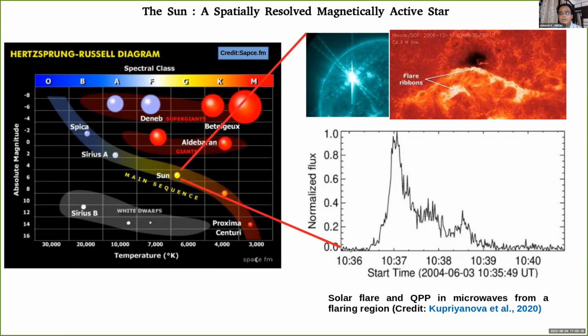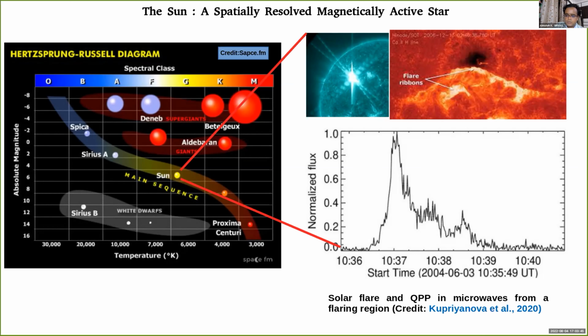This clearly depicts the different phases of the flare, for example the pre-phase, then the rise phase, then its peak as well as the decay phase. And the decay phase of the flare is clearly associated with quasi-periodic pulsation. That means some unique physical process is going on behind the flare energy release.